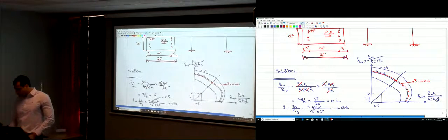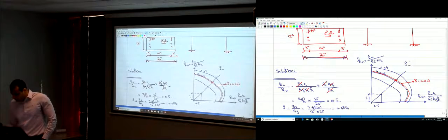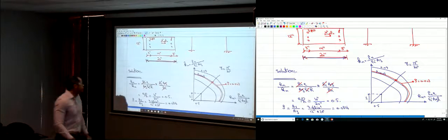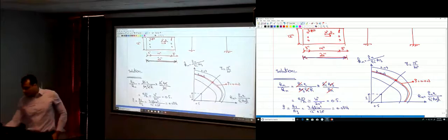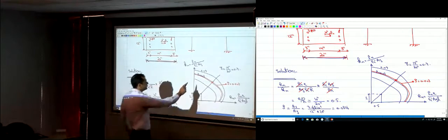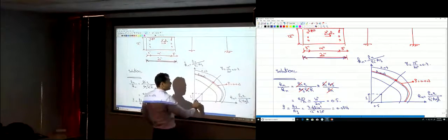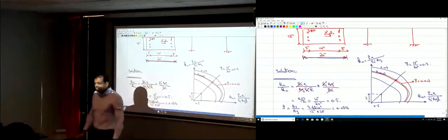Okay? Which curve are you using here? You need to use the curve with the right gamma. Gamma over here is 14 divided by 20 inches, so that's 0.7. In the curve with gamma 0.7, you draw this line and find the intersection. That's the point that you're looking for.